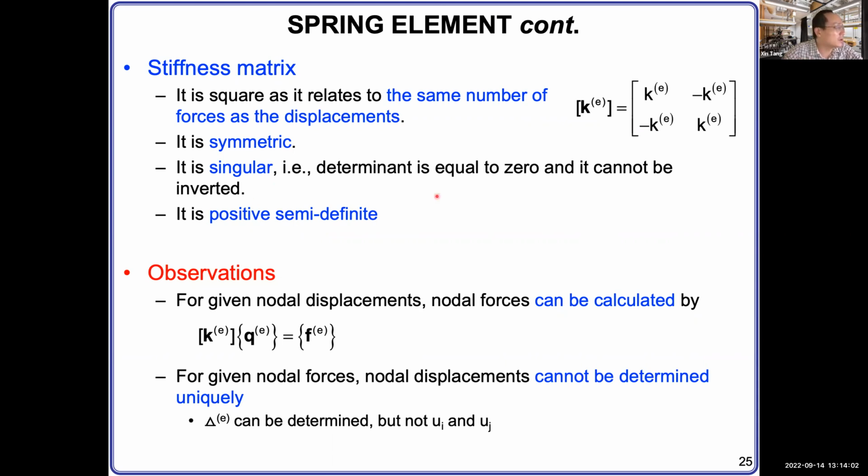Here we also discussed the observation that when we form this equation, if we have the displacement, then with that we can calculate the force directly. But if we don't have the displacement, and we're only given the node force, then we cannot calculate displacement uniquely, because K is singular.